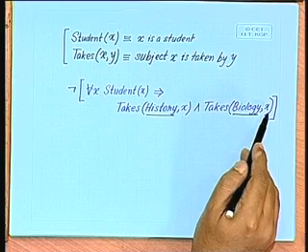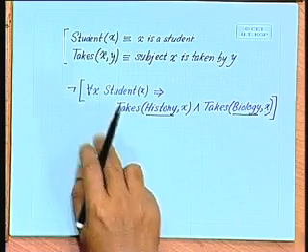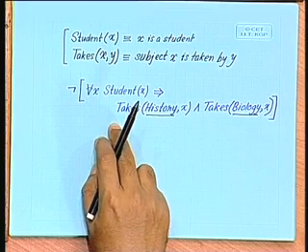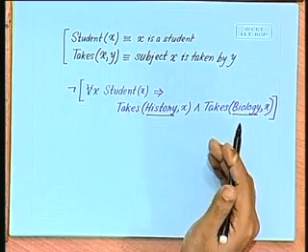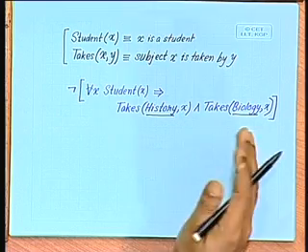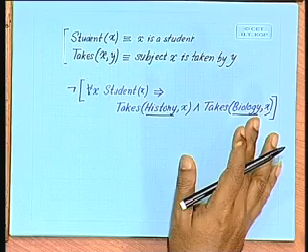Okay. Now we can also express this same statement in another form. We can say that there exists a student such that the student does not take history or the student does not take biology, right.